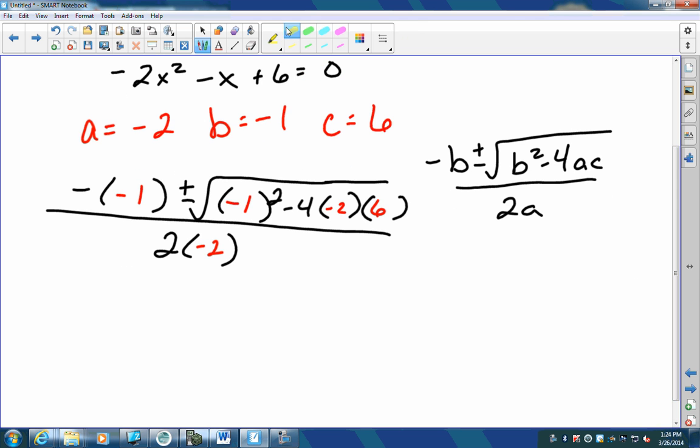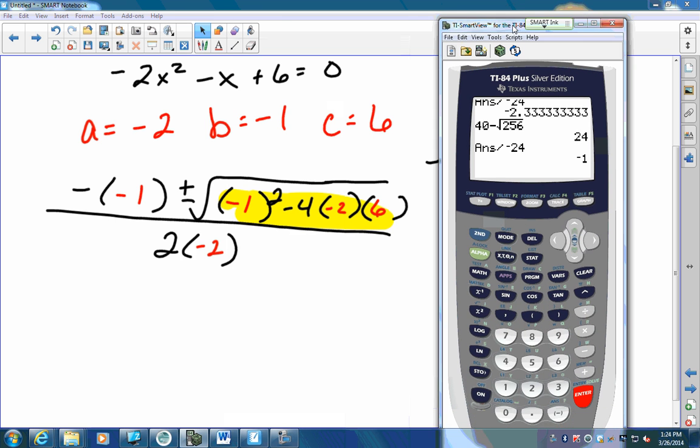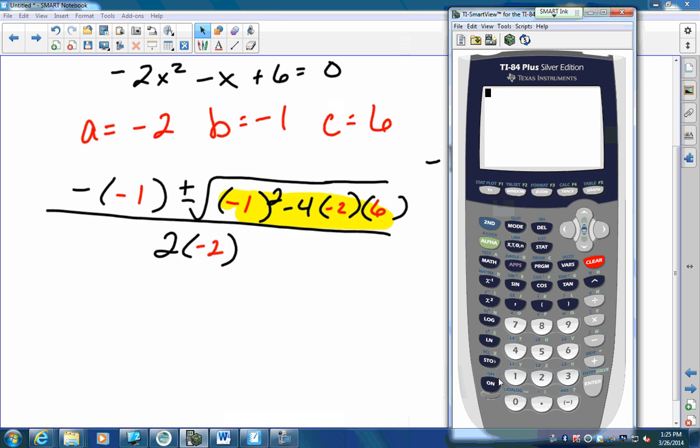Next step was to go and multiply this right here, the discriminant. Where's my calculator? There we go. All right, so I want to clear all this out. Let's go. I'm going to put parentheses, -1 parentheses squared minus 4 times -2 times 6.